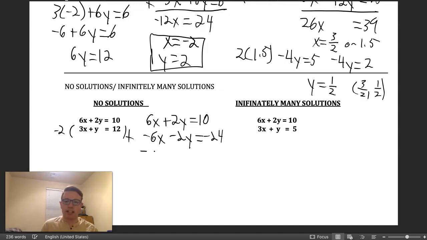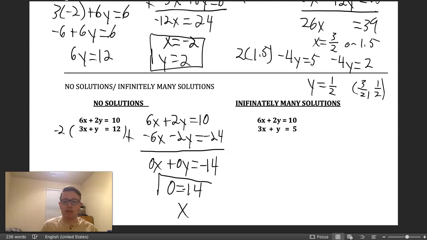When we go to add these together, we're going to run into an issue. 6x minus 6x will give us 0x, and 2y minus 2y is going to give us 0y, is equal to negative 14. Now, is 0 equal to negative 14? It's not. Again, we're left with an equation that will always be false when we have no solutions.